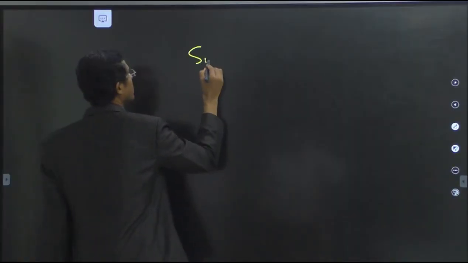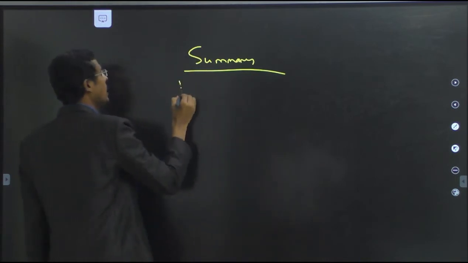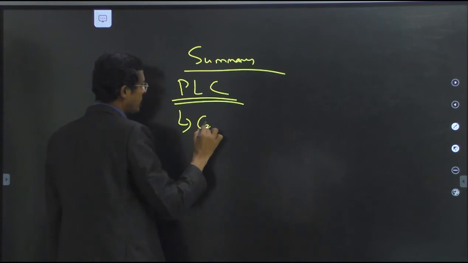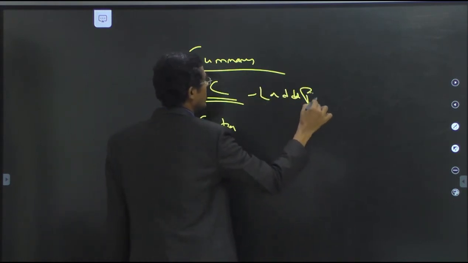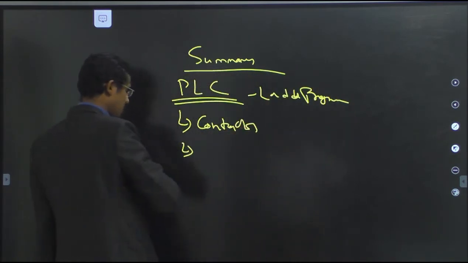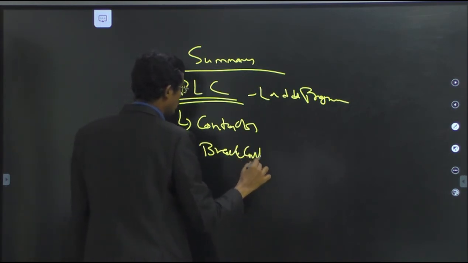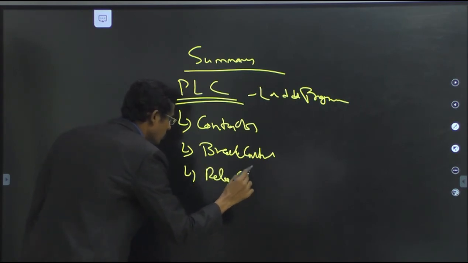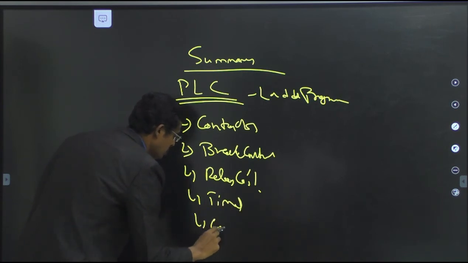The summary. In today's class regarding the PLC systems, we have seen about the contacts, about the ladder program, about the contacts, and about the break contact, and about the relay coil, and about the timer, about the counters.